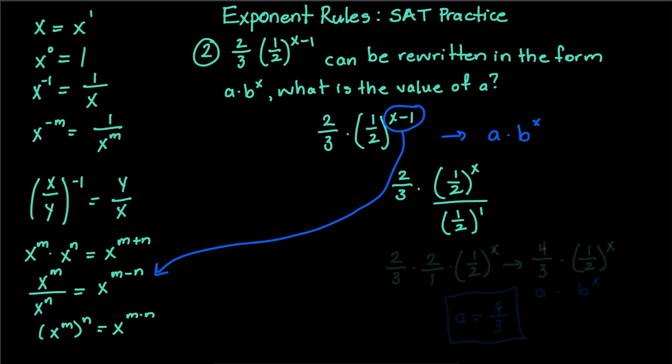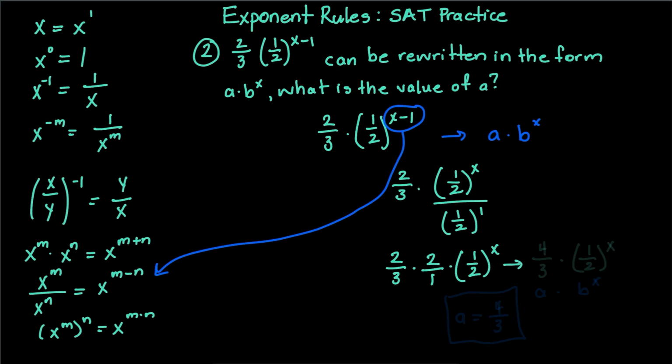Well, we know 1 over 2 in the denominator means that we need to take its reciprocal. So we really have 2 over 3 times 2 over 1. Again, the 1/2 in the denominator is where the 2 over 1 comes from, times 1 over 2 to the x.